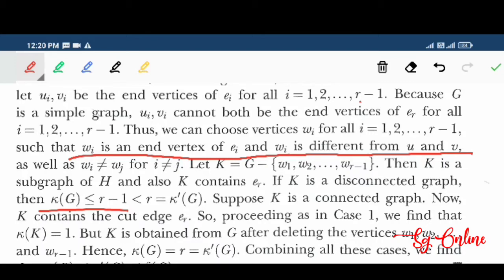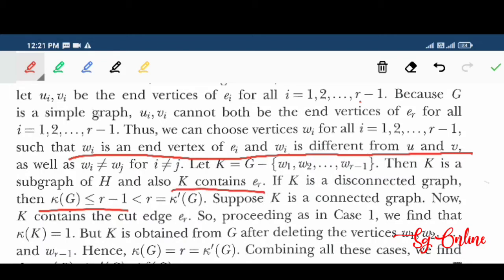So if the resulting graph is disconnected, then the minimum number of vertex deletions required for disconnectedness is less than or equal to R minus 1. And naturally R minus 1 is less than R, and that is less than kappa dash G. But then you notice that K always contains ER.